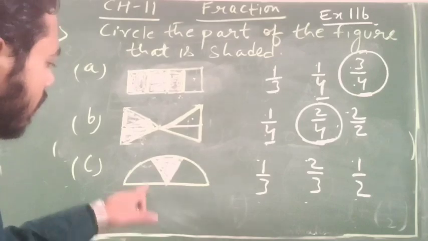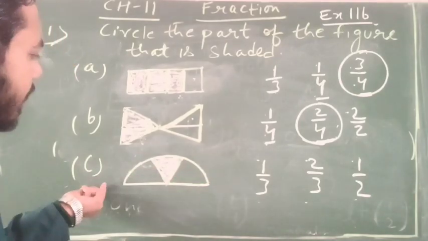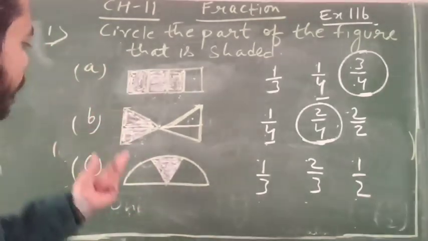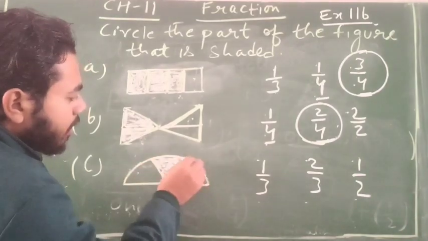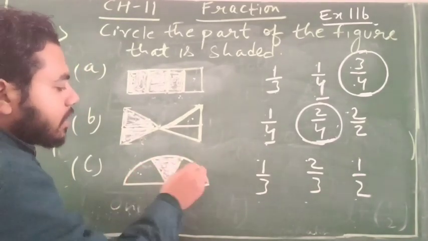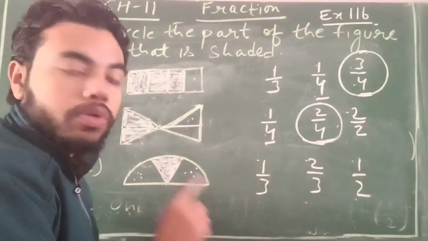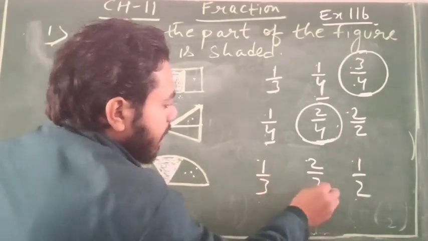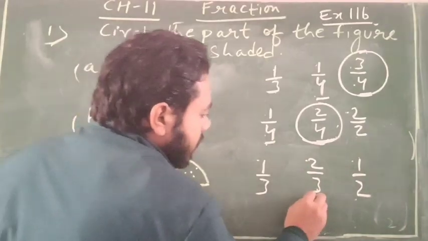And now here we move to our question C. That is the last question of question 1. So here you see that is a half circle, and it is divided into 3 equal parts. So it means the denominator is 3. So here another fraction has denominator 3.